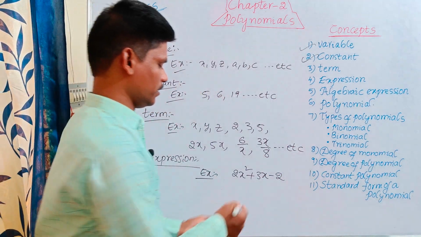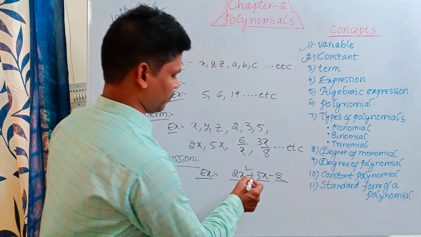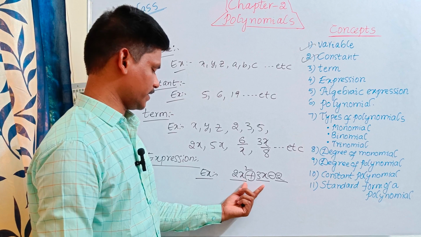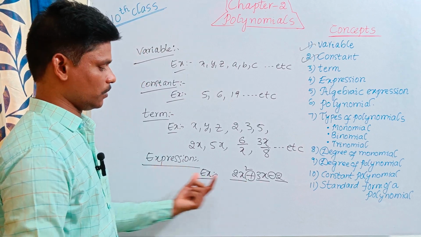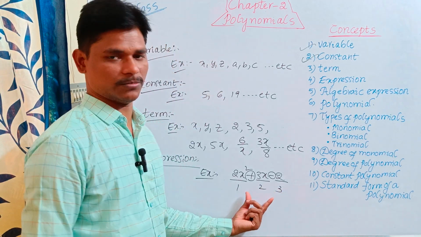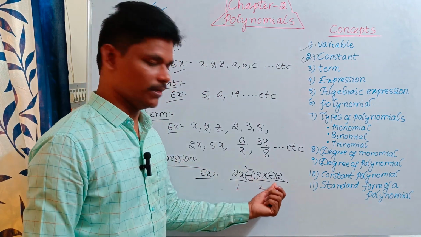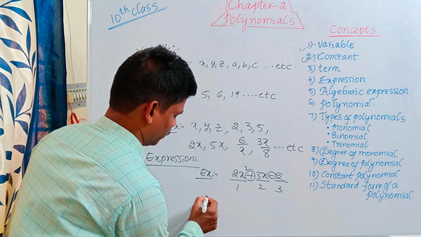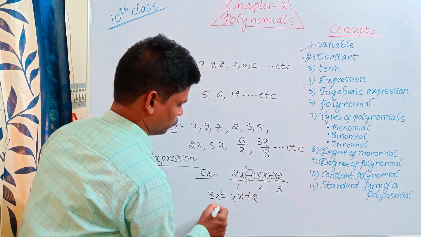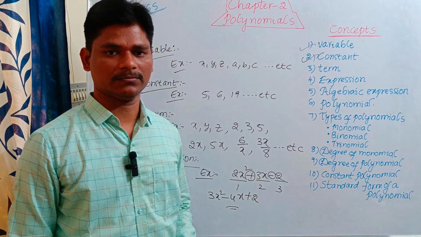Here this is a term, this one also a term, this one also a term, separated by plus and minus. So this is an example for the expression. A group of terms, here 1, 2, 3, three terms, separated by plus and minus. See one more example: 3x square minus 4x plus 2. These are the examples for the expression.